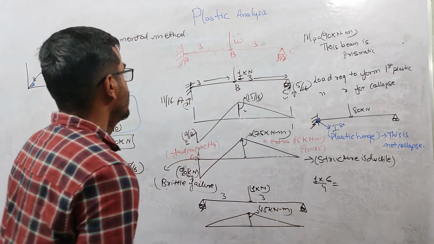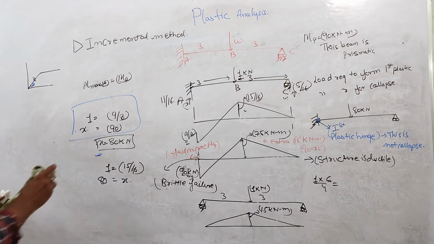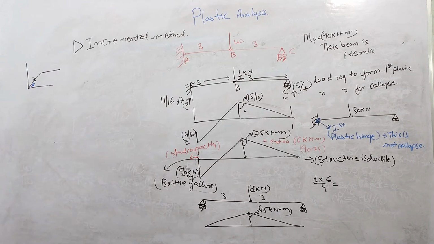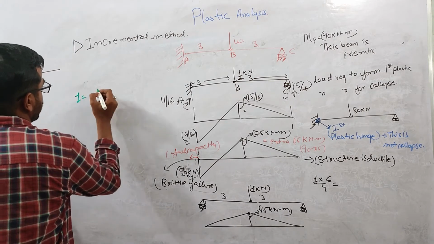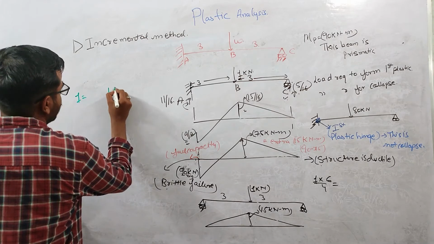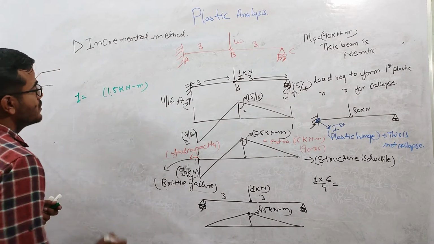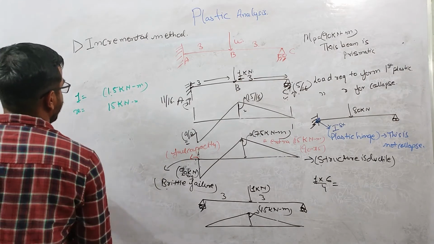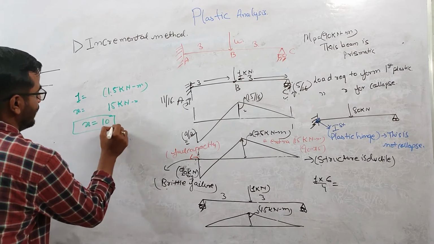Again we use linear interpolation because we are still in elastic state. Due to 1 kilonewton load, the moment generated at this point is 1.5 kilonewton meter. To generate the 15 kilonewton meter moment, how much load is required? If you solve this equation, x comes out to be 10 kilonewton.